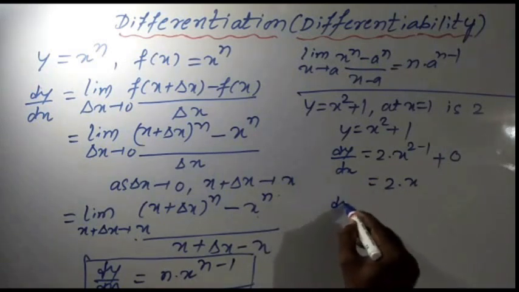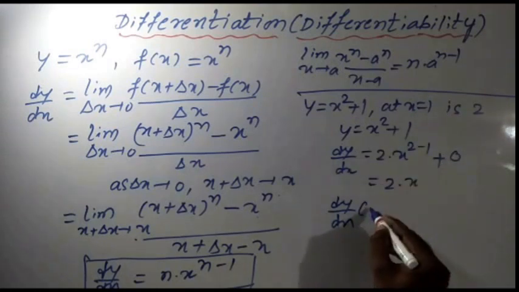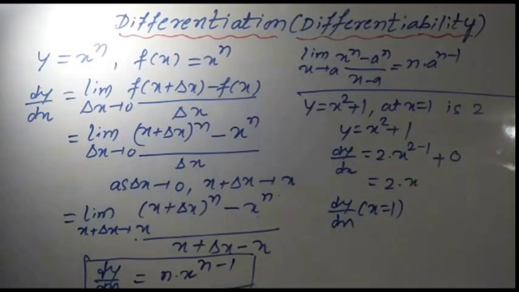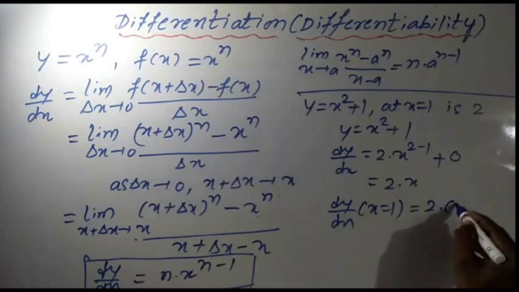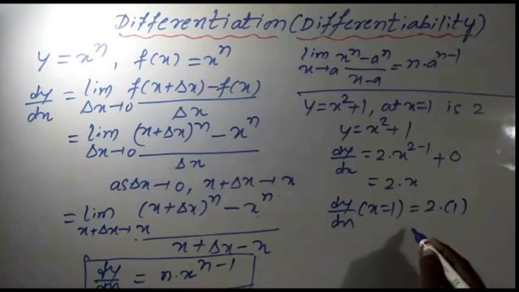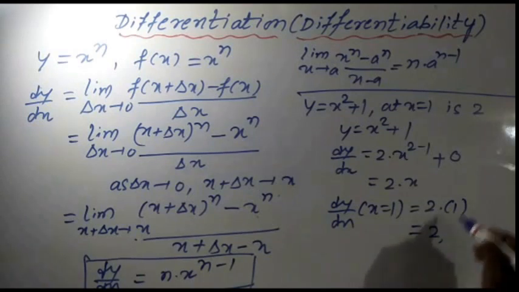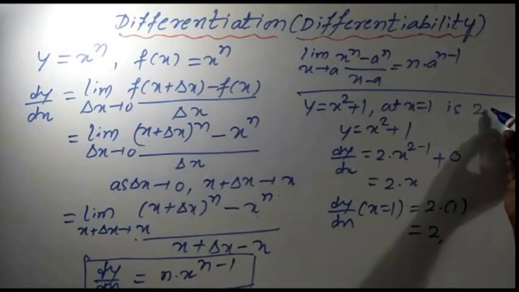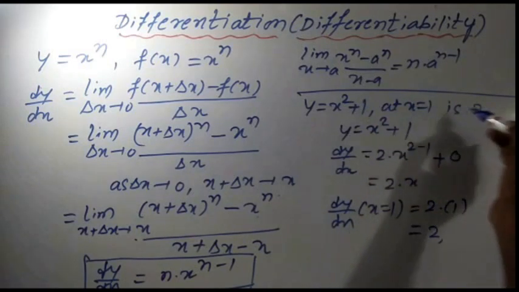Now check dy by dx at point x is equal to 1. When x is equal to 1, then 2 into, in place of x put 1, that is equal to 2. Yes, we already know this as the derivative of the function y is equal to x square plus 1 at point x is equal to 1.